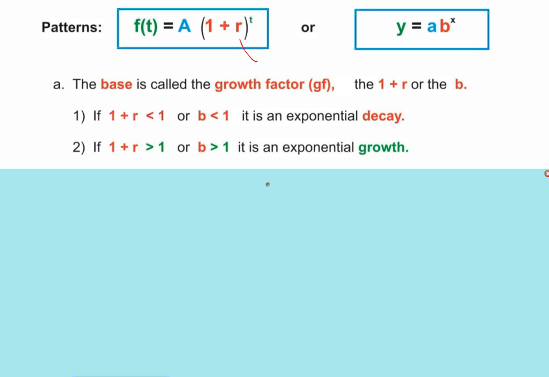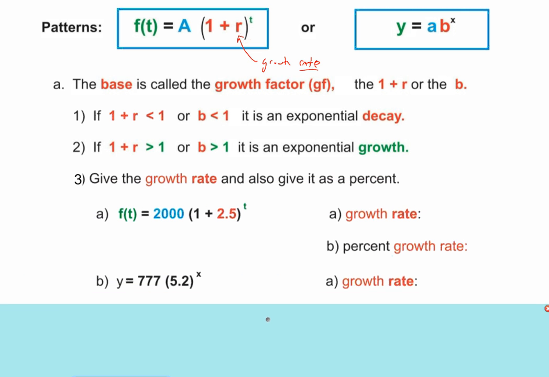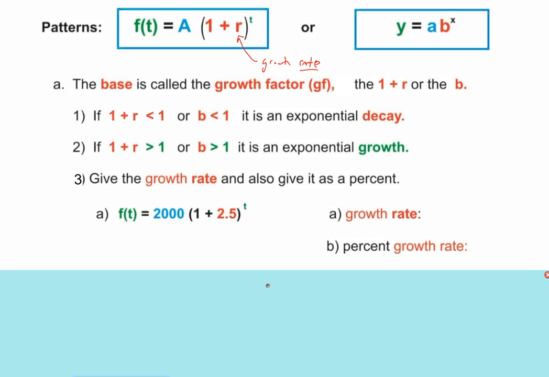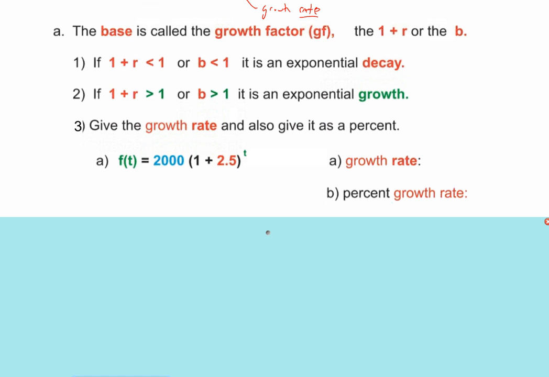One reminder here, R is the growth rate. 1 plus R is the growth factor, right? Just R is the rate, so hopefully you can remember that. The whole thing, the 1 plus the rate, is the growth factor. All right, we'll need that in a moment. Because now in this one, we know the initial amount is $2,000, right?